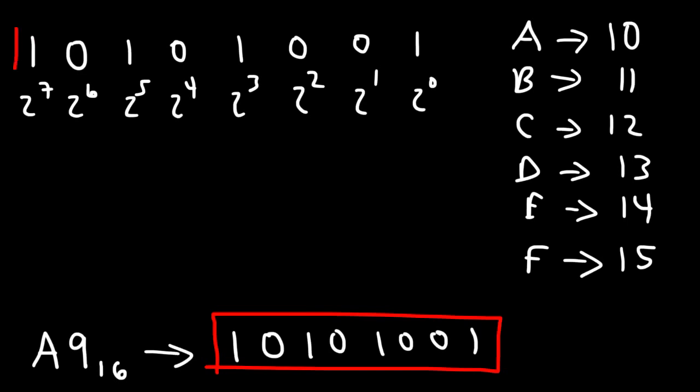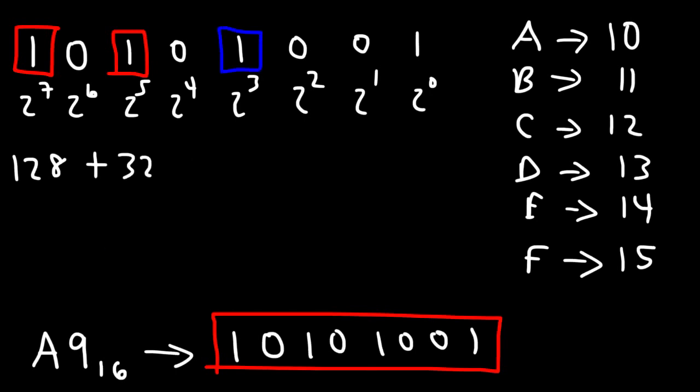So we have 1 times 2 to the 7th, which is 128 if you multiply 2 seven times. And then we have a 1 for 2 to the 5th power, which is 32. And then 2 to the 3rd power is 8. And 2 to the 0 power is 1.